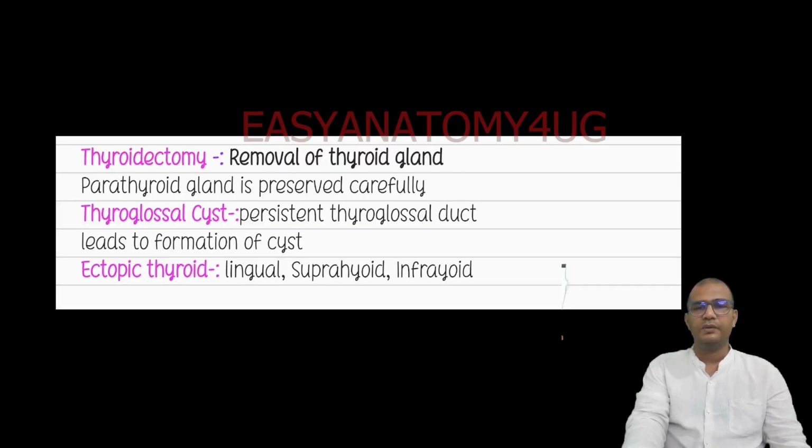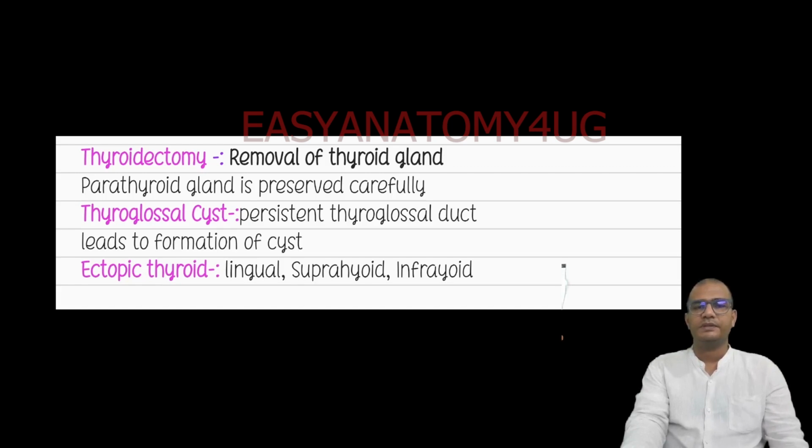Further, we can add to our note the removal of the thyroid gland, which is known as thyroidectomy. Then we can comment on thyroglossal cyst. If the thyroglossal duct persists, it will lead to formation of a retention cyst, which is called thyroglossal cyst.